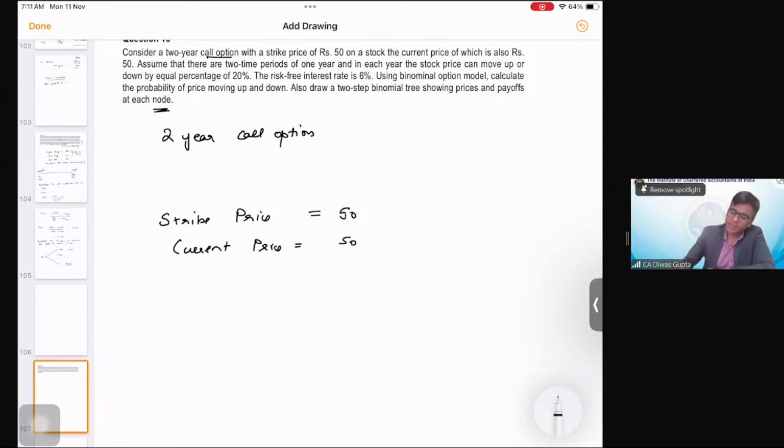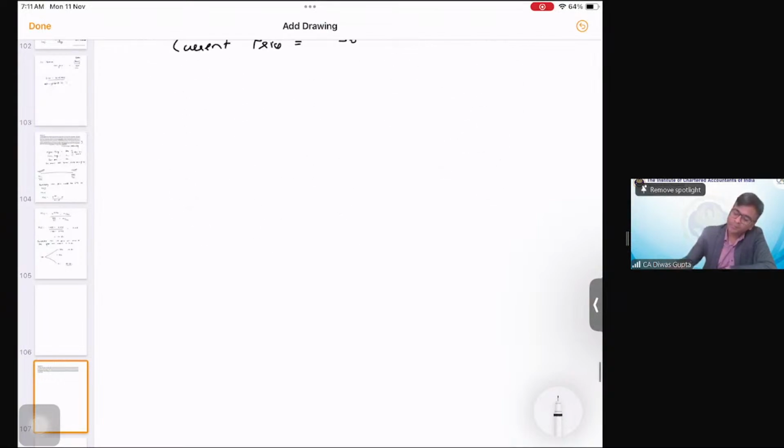That's the first information that is given to us. So there are two intervals, 0 to 1 and 1 to 2, right? So for 2 years there will be two intervals, 0 to 1 year and 1 to 2 year, correct? And in both the intervals either the price can go up or go down.